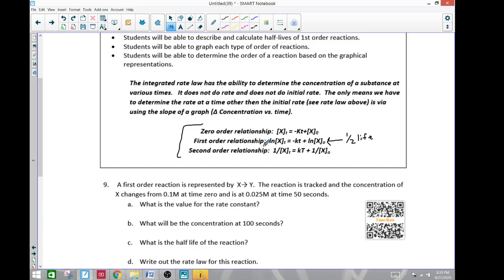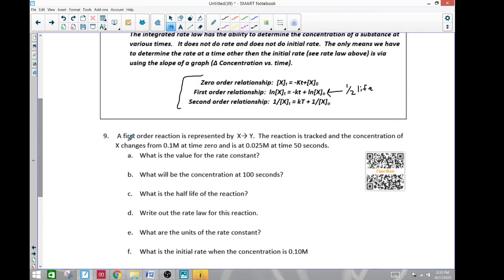Okay, that's only first order. All right, so it says a first order reaction is represented by x going to y. The reaction is tracked as the concentration of x changes from 0.1 at some time 0 and is at 0.025 at time 50. What's the value of the rate constant?